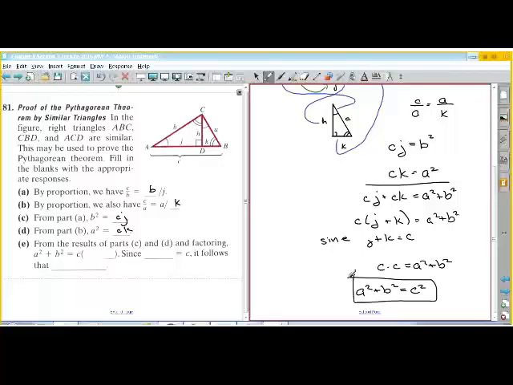So there it is. That's the Pythagorean theorem. That's the proof using similar triangles.